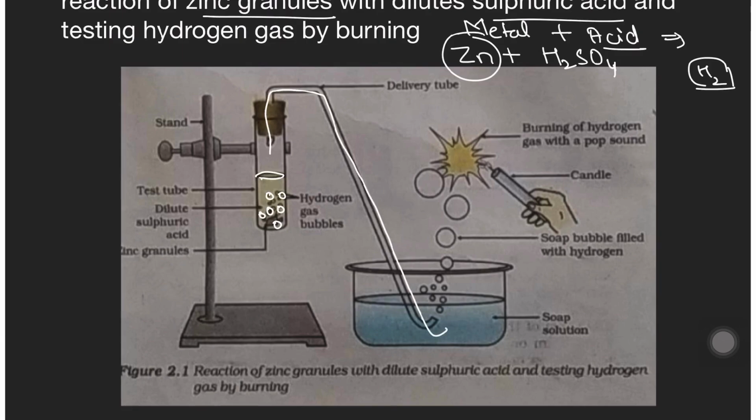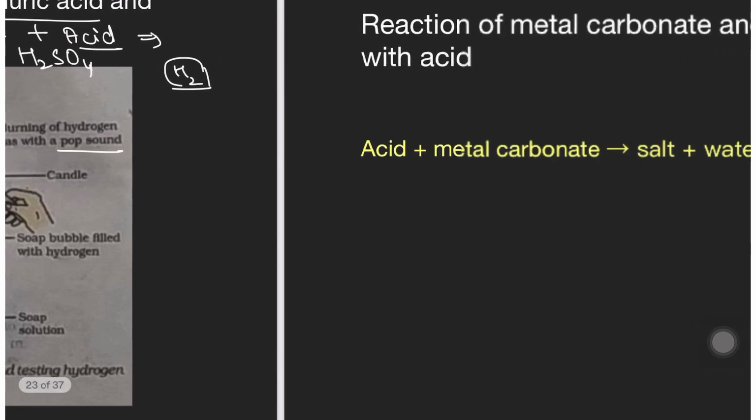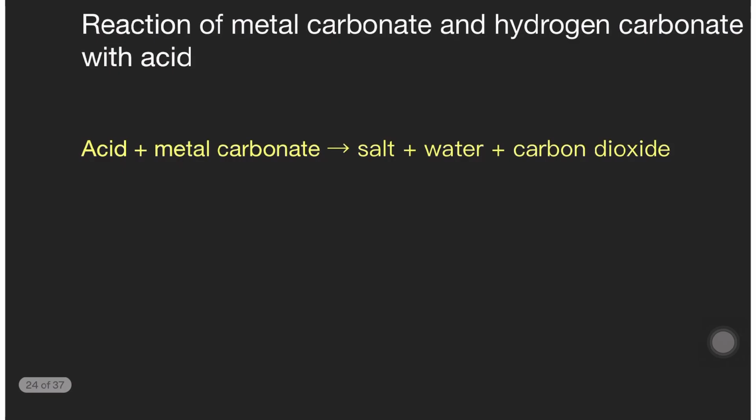The gas that will be produced and passed through the delivery tube will be hydrogen gas for sure. Why? Because when metals react with acid, hydrogen gas is produced. Here the bubbles will come out of it, and when we bring a candle near the bubble, we will be able to hear a pop sound because of the burning of hydrogen gas, right?